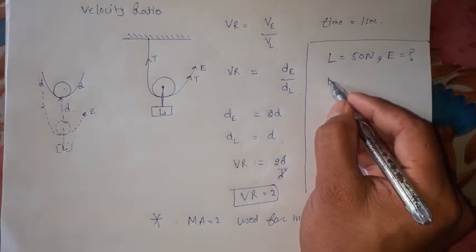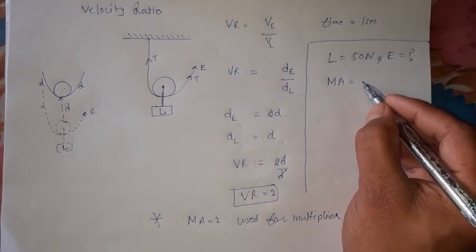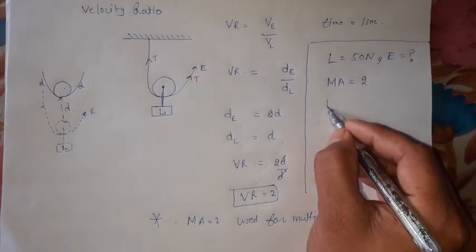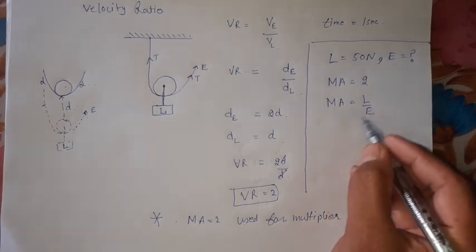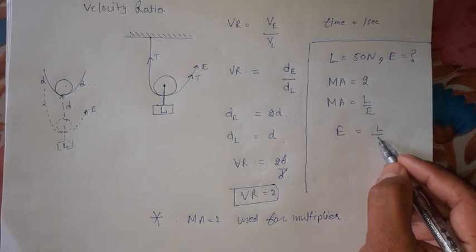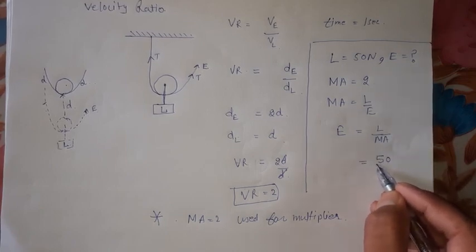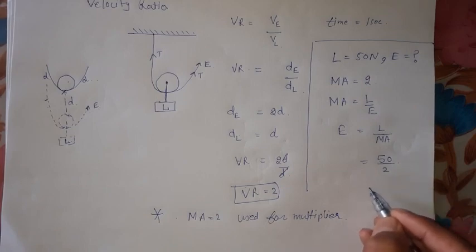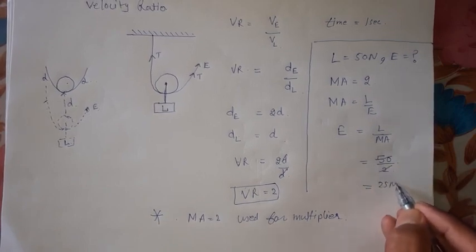The mechanical advantage for this single movable pulley is 2. As we know, the ratio of load to effort is the mechanical advantage. So I want to find the effort; the load and mechanical advantage are known to me. 50 Newton is the load, and 2 is the mechanical advantage. So it is 25 Newton.